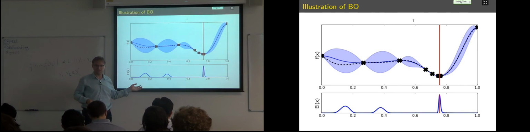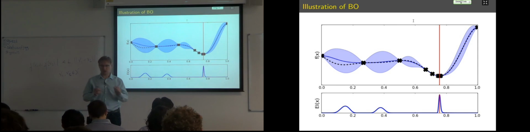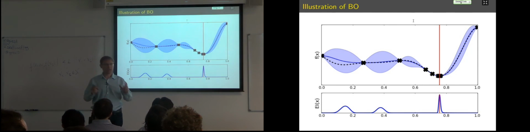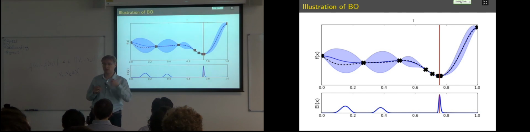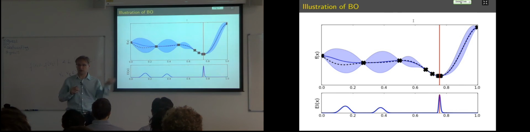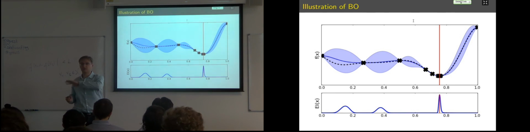For some acquisition functions, you have some theoretical warranties about how you are getting close to the minimum of the function. Typically, you can come up with some bounds of how far you are from the minimum, but you typically can't do that for the upper confidence bound acquisition function.